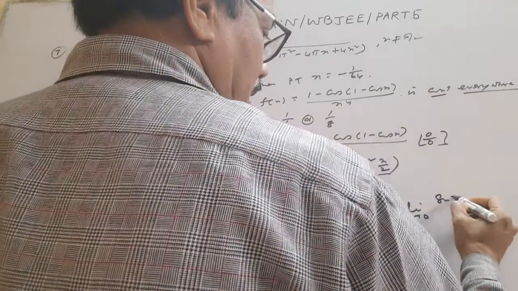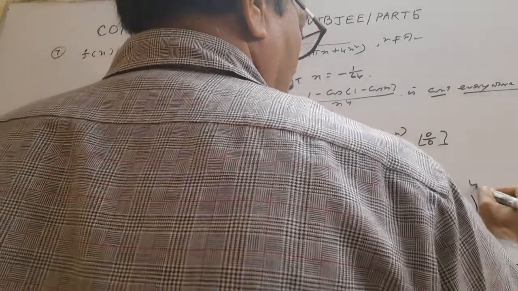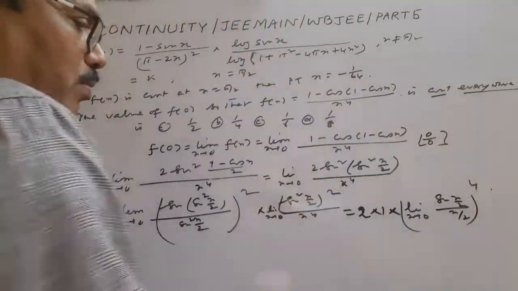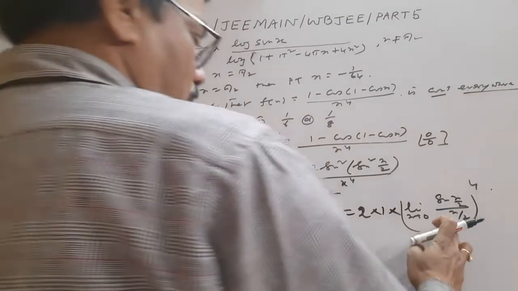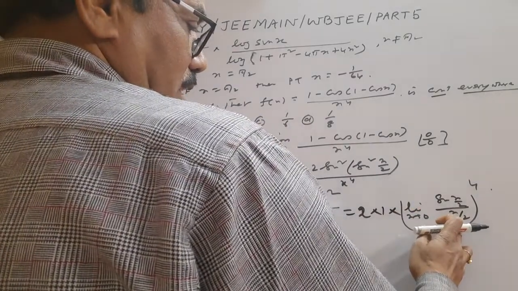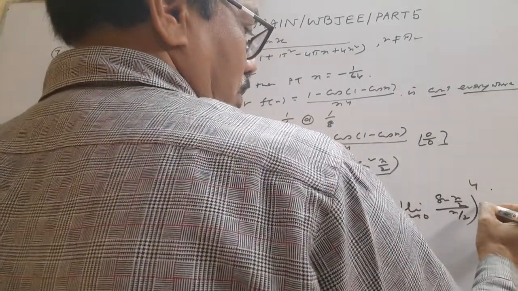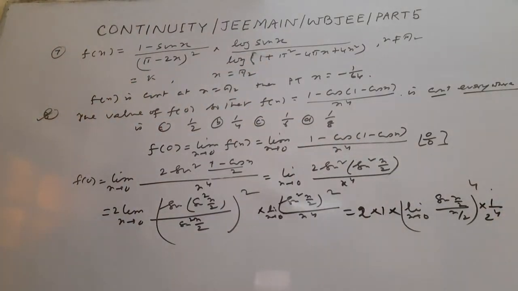So sin x by 2 by x by 2 whole to the power 4, sin to the power 4 is balanced and x to the power 4 is balanced. Now it is at the numerator 2 to the power 4, so 1 by 2 to the power 4.